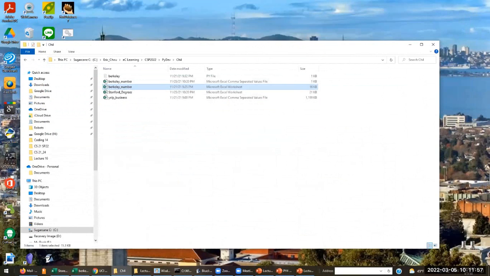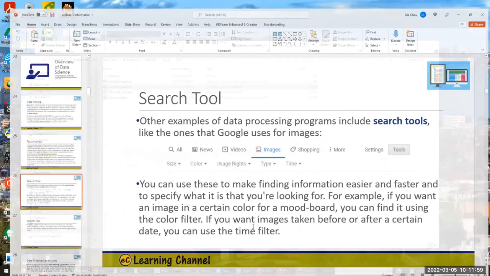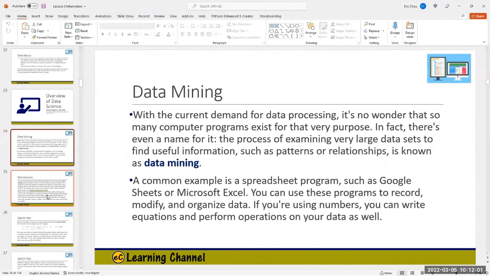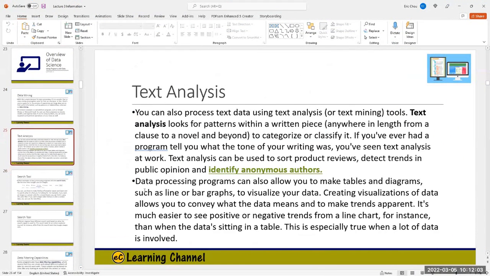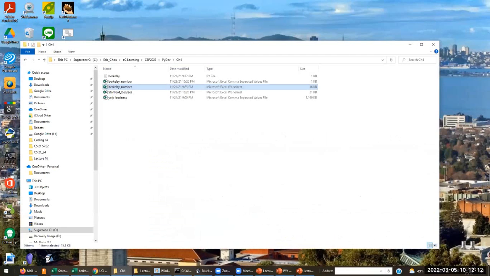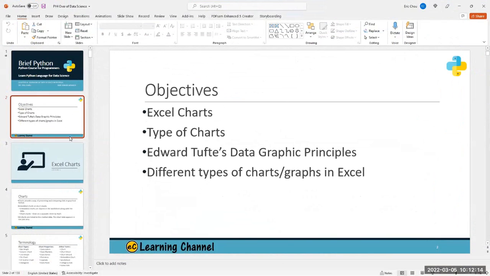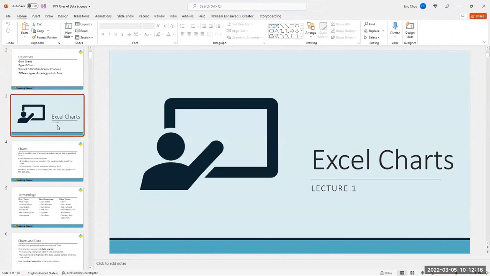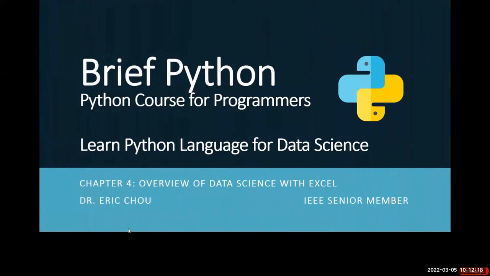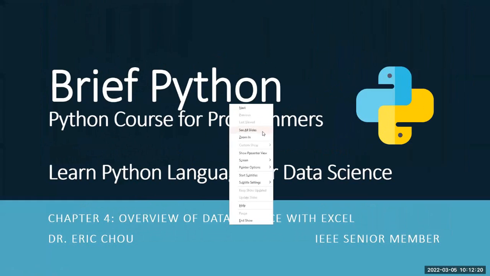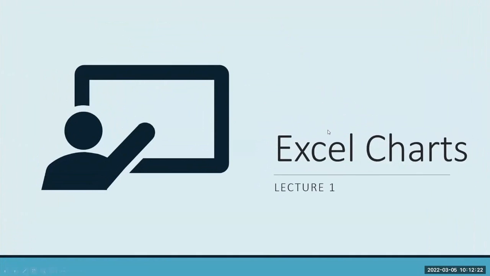So you need to get the data set, put it onto some table, and then try to do analysis. Data processing allows you to make tables and diagrams, and do visualization of the data. Now let's jump ahead to the Excel portion. Excel gives you some way to put the data in.